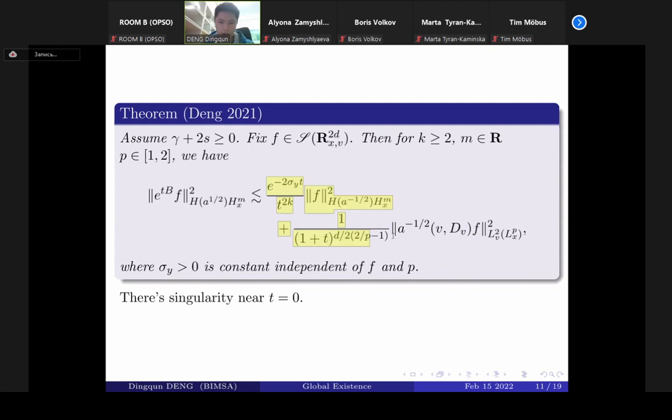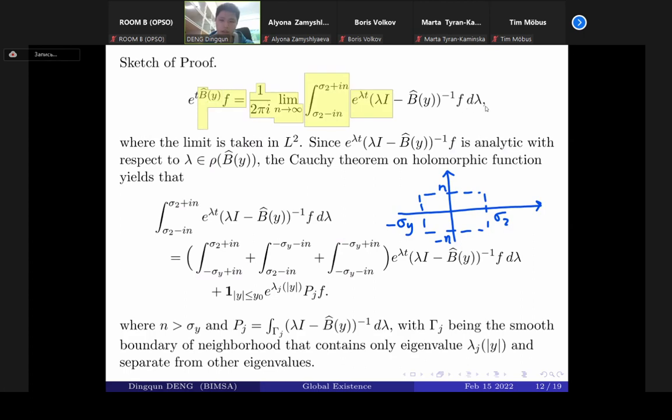We first analyze the Fourier transform of B. We start with the Fourier transform of the B operator. We may use a famous formula, the inverse formula for semigroups, where the limit is taken in L2.